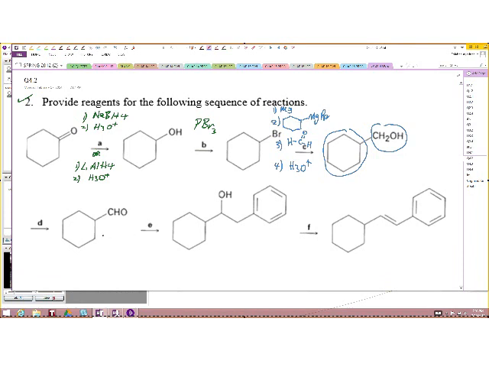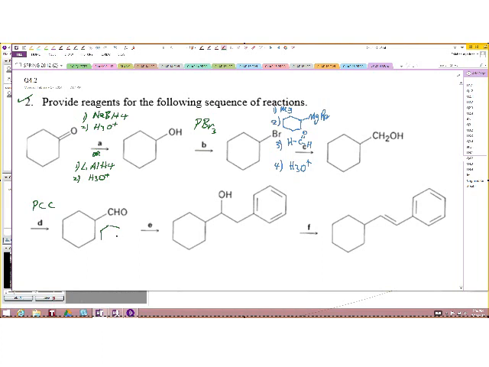Okay, very good. Okay, about D. Now we want to go from a primary alcohol to an aldehyde. PCC, okay, very good. PCC will take a primary alcohol and oxidize it to an aldehyde.